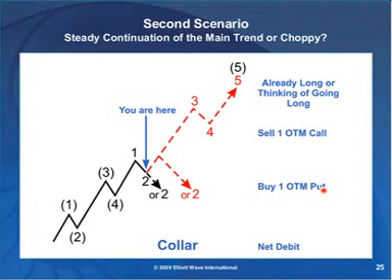And you can set this put very close to where you went long. So in a sense, you have this really tight stop, and since it's an option, you don't have to worry about getting shaken out. If the market goes down, you don't have to get out. You're protected. You can hold the position. So no matter how choppy the market gets, you don't get stopped out, but you can get out if you want to.